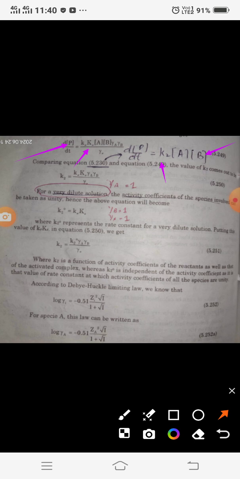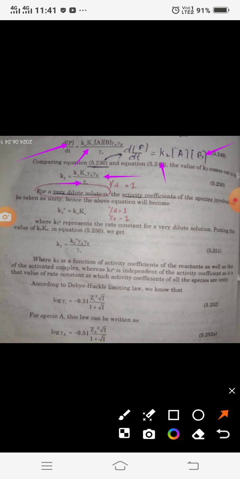Why? Because the molar concentrations of the reactants A and B are cancelled out by the molar concentrations of the reactants A and B in this equation. Only the factors that are left behind to be studied are these. What are these? K2 is equal to K small, K capital, the coefficient of reactant A, the coefficient of reactant B, and the coefficient of the complex.